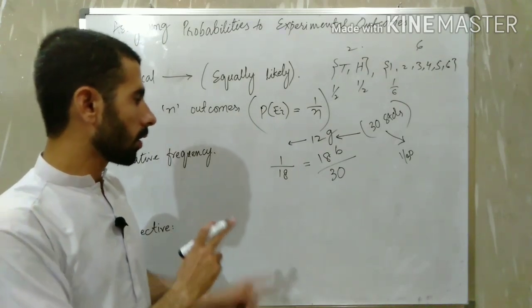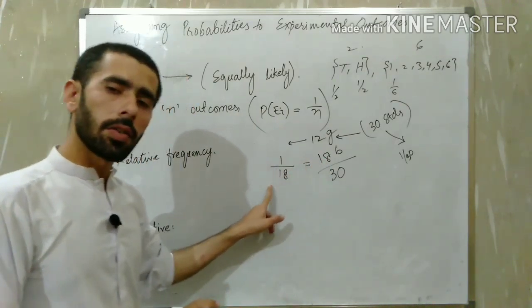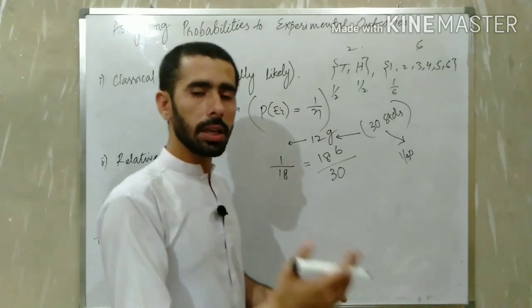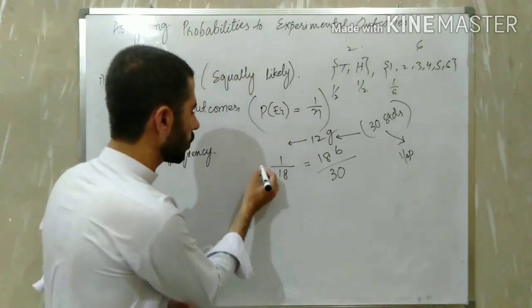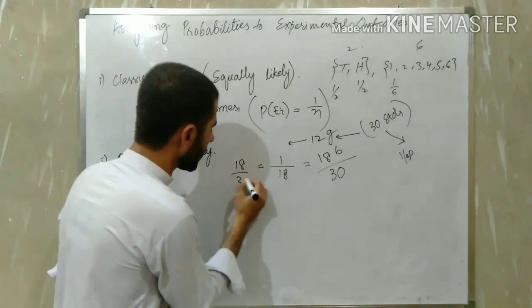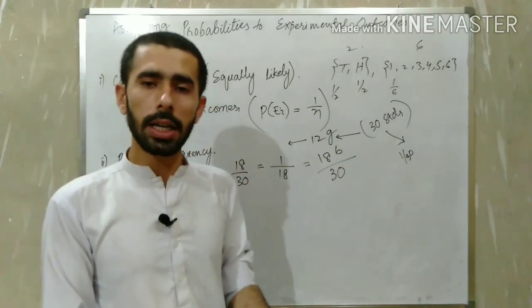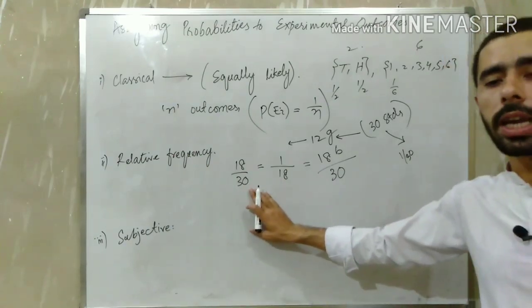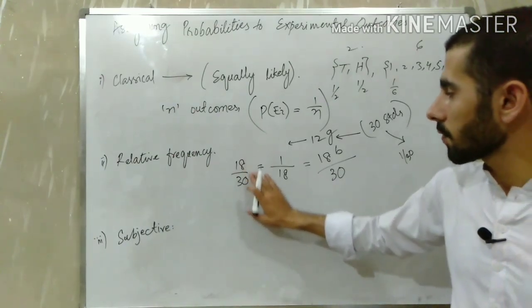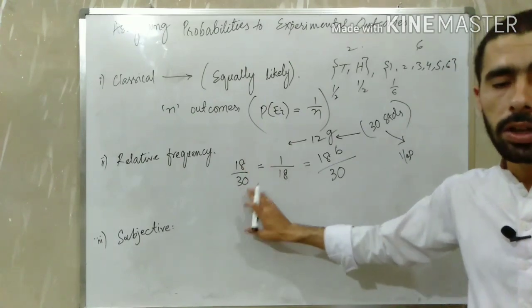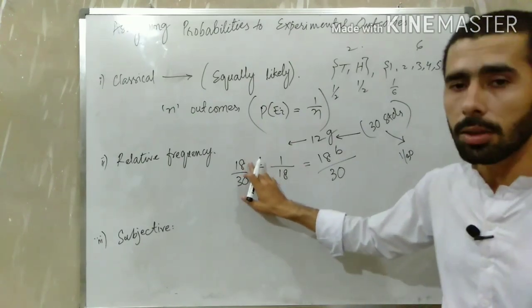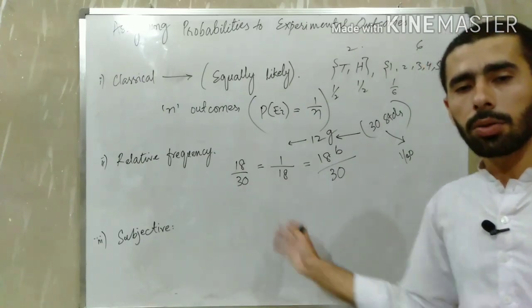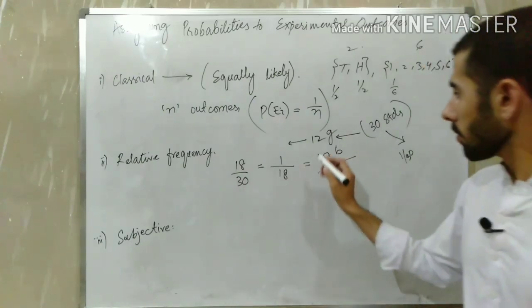But for a boy being the CR, the chances would be 18 by 30. Like, there are 18 boys, so if I ask what the chances are that a boy would get selected, the chances would be 18 out of 30, because any one of those 18 can get selected out of those 30 students.